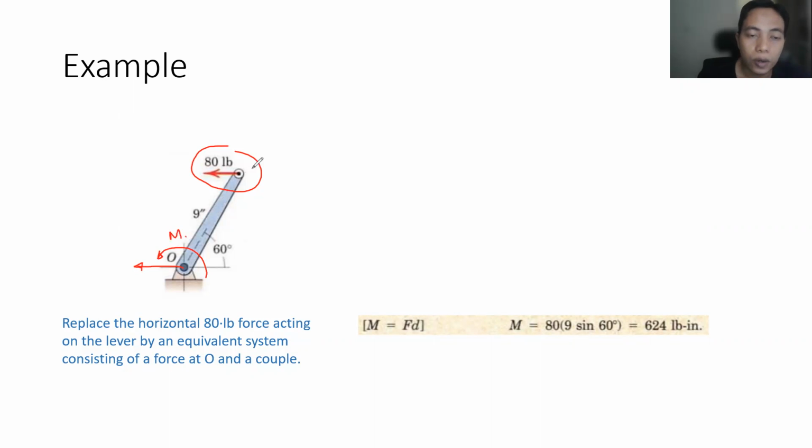But why do we move this analysis from the top end to the bottom end? Of course, because we are interested in the load that works on this support. Suppose this is a bearing. So this bearing must resist this load and receive this moment.